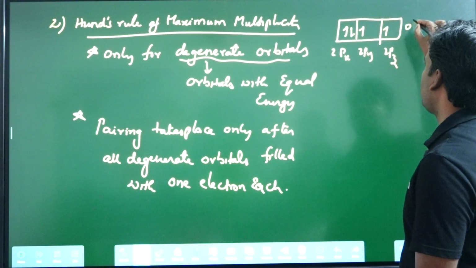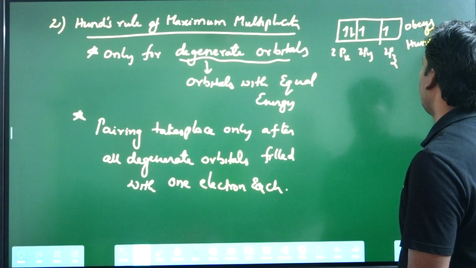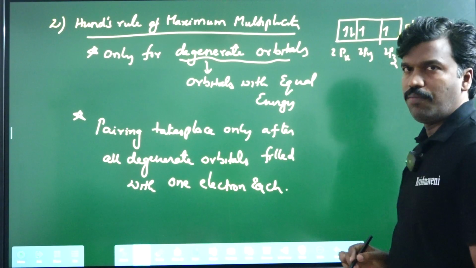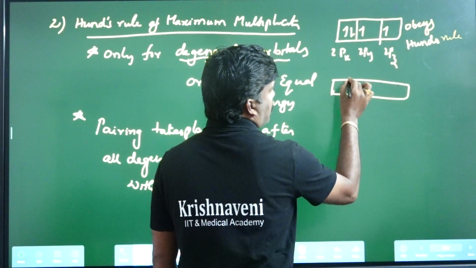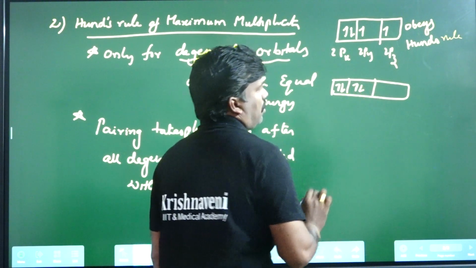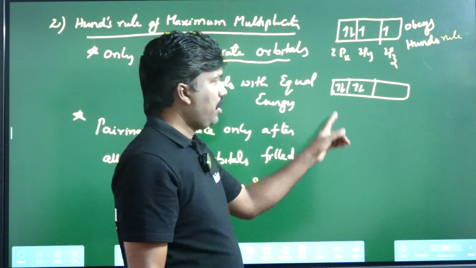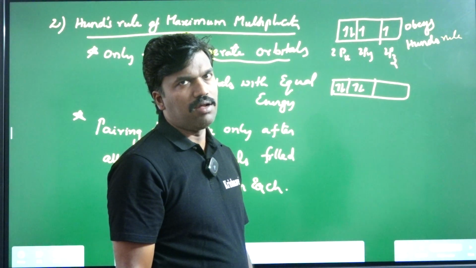So this obeys Hund's rule. If you draw a configuration like this, here pairing takes place with the second electron, not with the fourth electron.